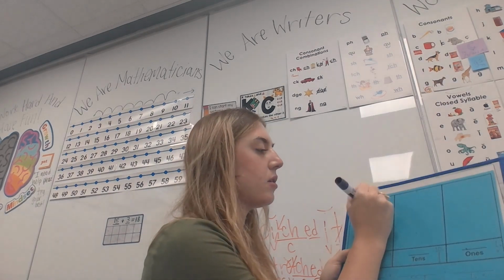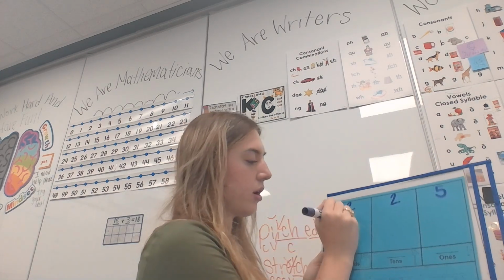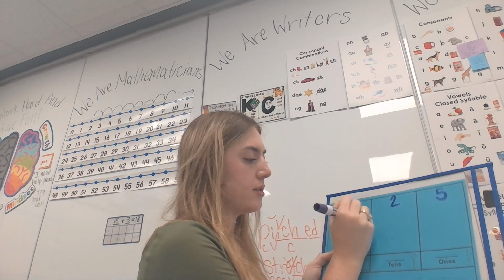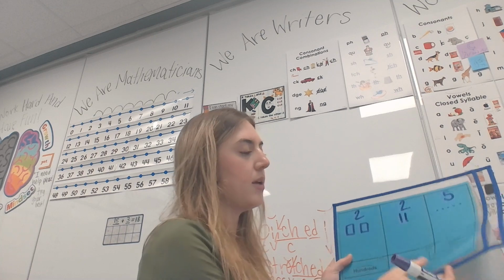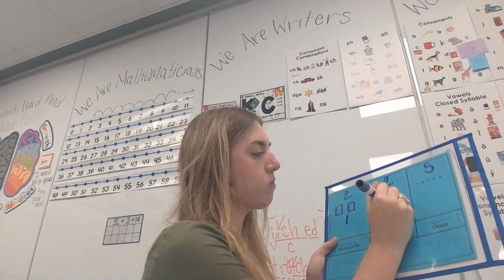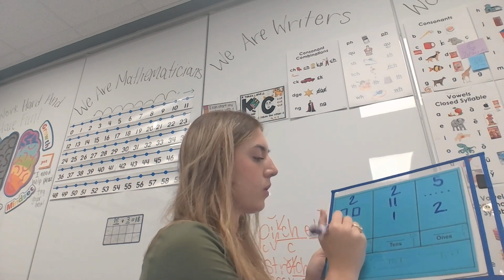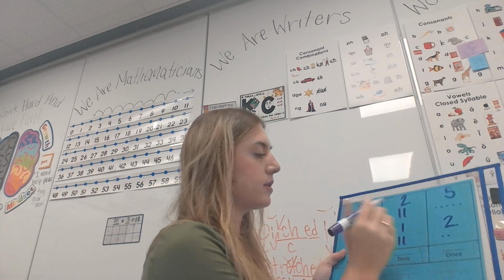I'm going to write that in the correct place value spots, and I'm going to draw it. I see 2 hundreds, 2 tens, 5 ones, and I am adding 112, 100, 1 ten, 2 ones.